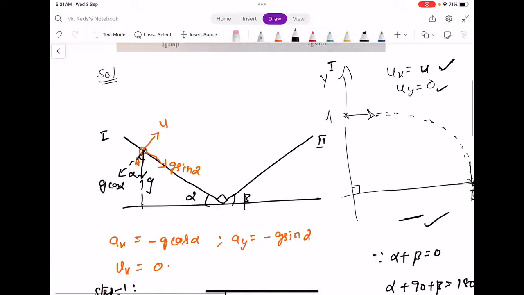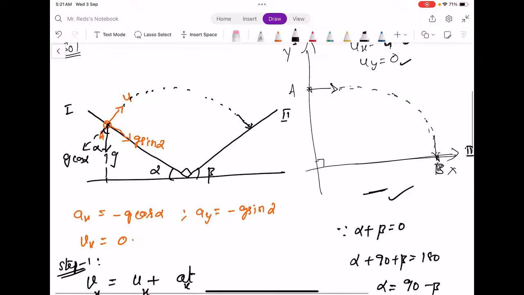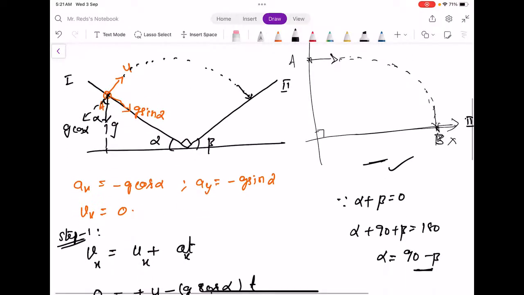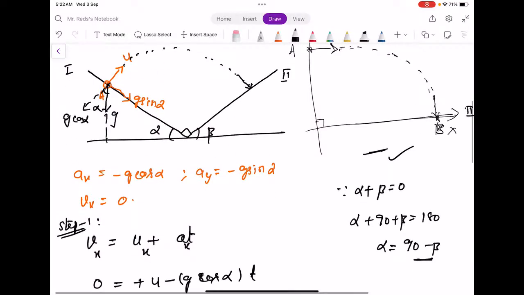Now let us come back to the same diagram. As the initial velocity u is along the x-axis only, after projecting, it strikes plane 2 perpendicularly. Here ux is u and uy is 0.